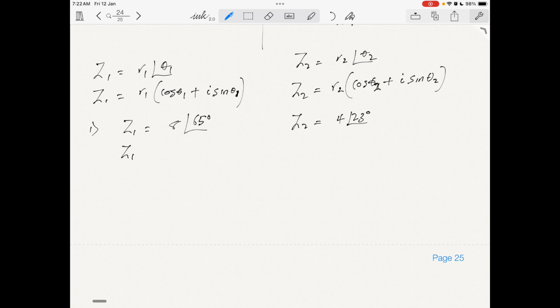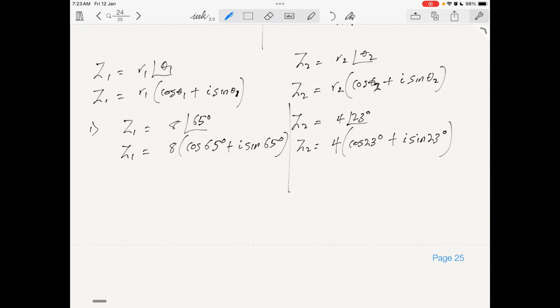Z1 can also be written as 8 into cos 65 degrees plus i sine 65 degrees, and z2 as 4 into cos 23 degrees plus i sine 23 degrees.